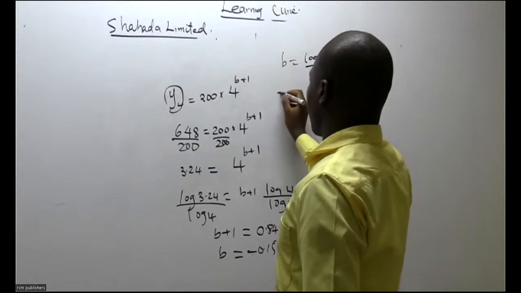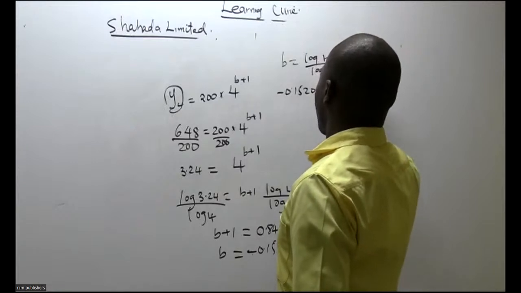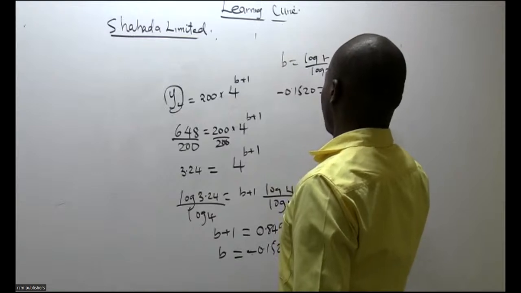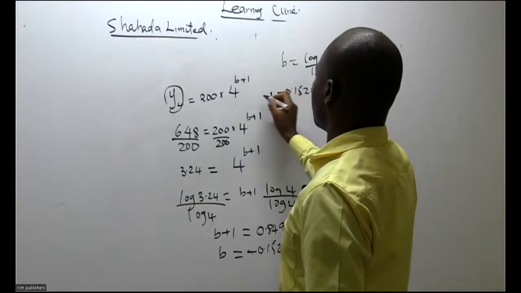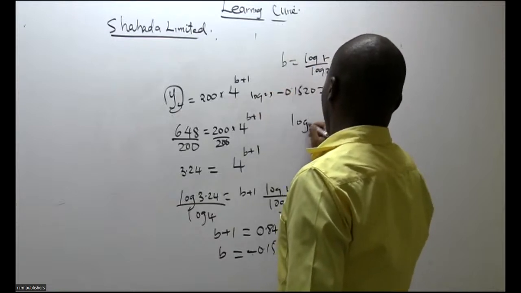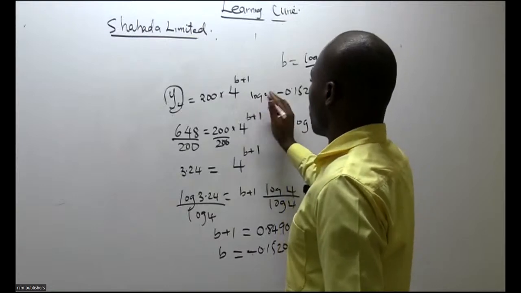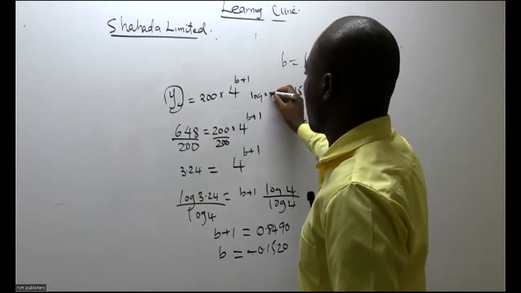We have B as negative 0.1520, which is equal to log R, which we do not know, divided by log 2. So multiply both sides by log 2. Log R is equal to log 2 multiplied by that negative.